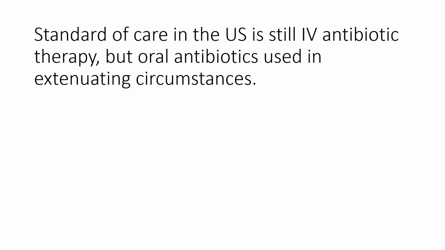It's sort of the long-term IV that is used for giving long-term IV antibiotics. In those patients, and patients where for whatever reason we can't give them IV antibiotics, we typically rely on the POET trial to tell us, well, okay, which oral regimen might we be able to get away with? And with time we may start using oral antibiotics more, but for the moment the standard of care in the US is still IV therapy.